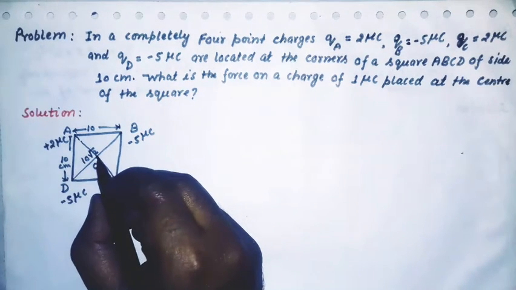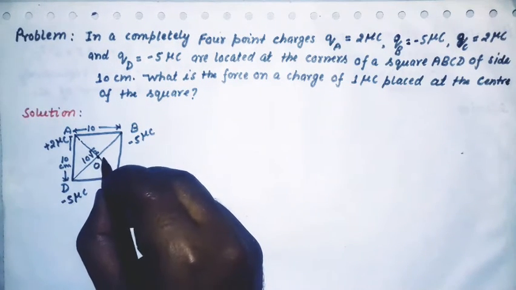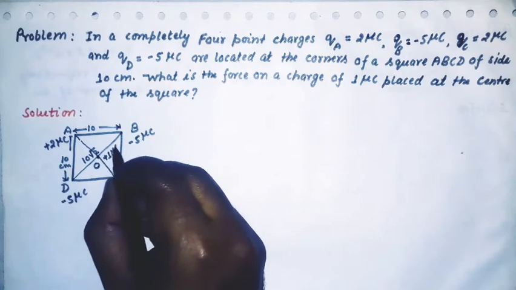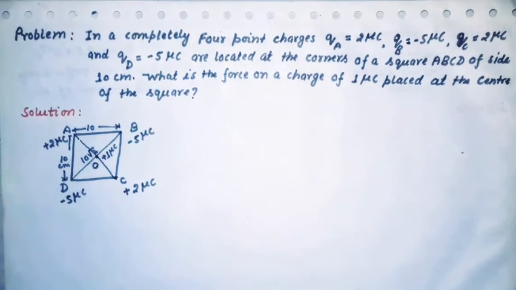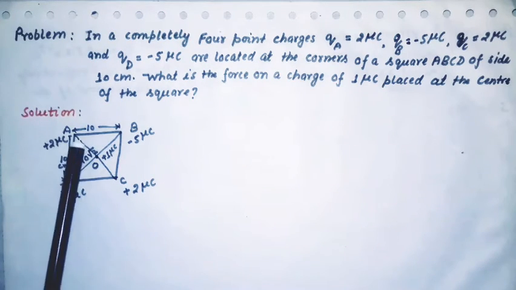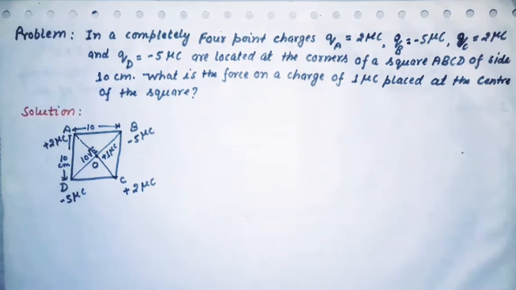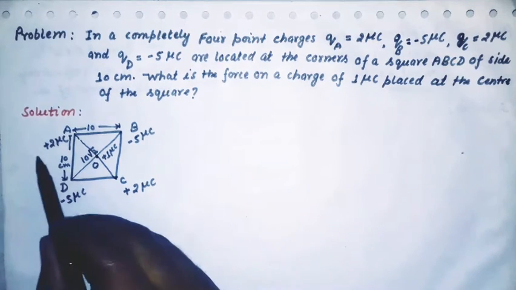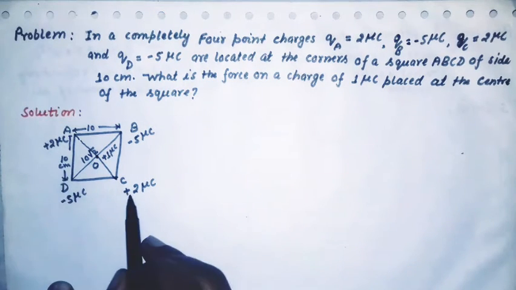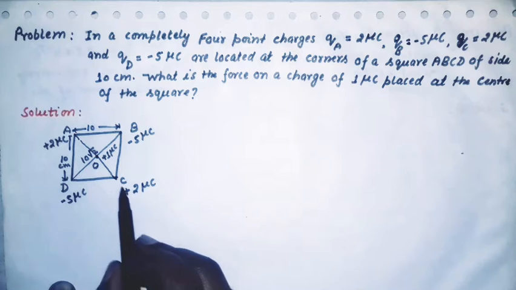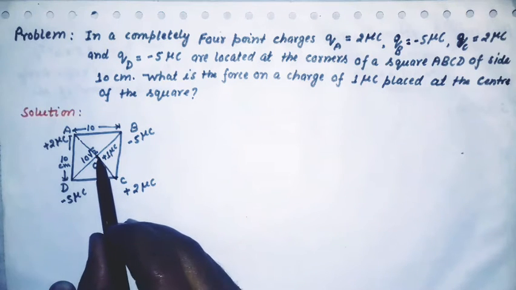Here another charge of 1 microcoulomb is placed. Without solving this problem, we can give a reason. This charge is plus 2 microcoulomb and this charge is also plus 2 microcoulomb. This charge is plus 1 microcoulomb.